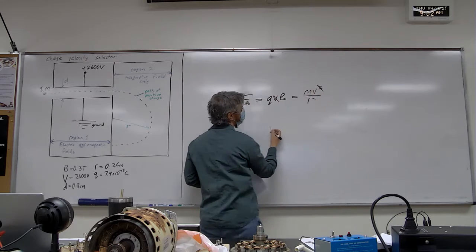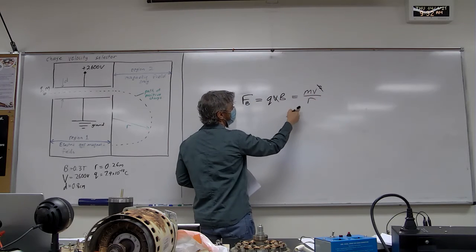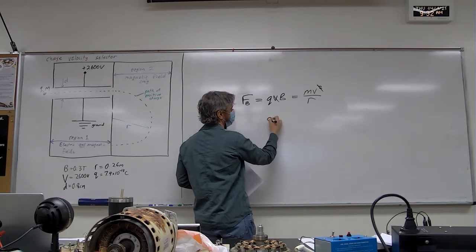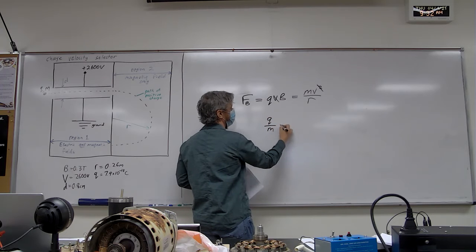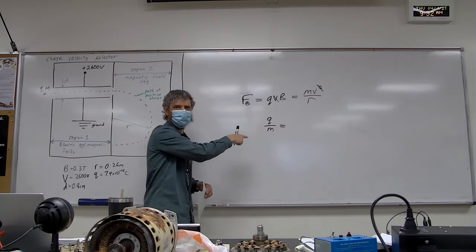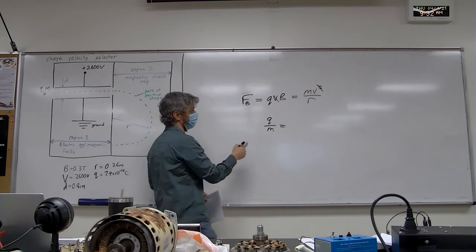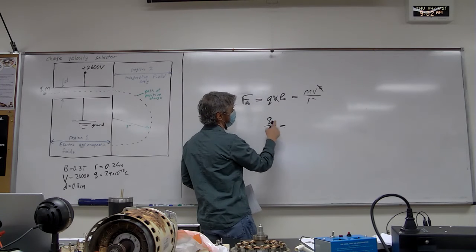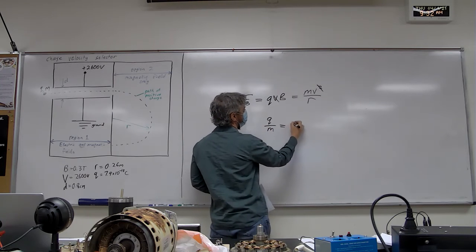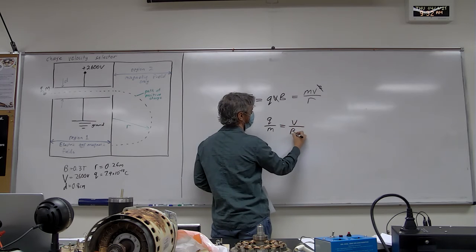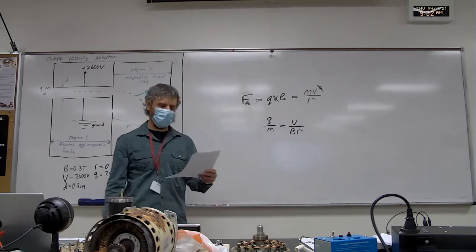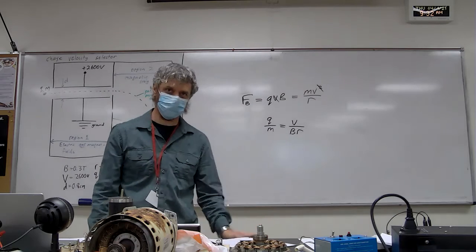Those cancel. And then we can essentially say, I can solve for the charge to mass ratio. Both of these were unknown when J.J. Thompson was doing his work. And we could say that is equal to the speed divided by the magnetic field times the radius of the circle, right? You got me?